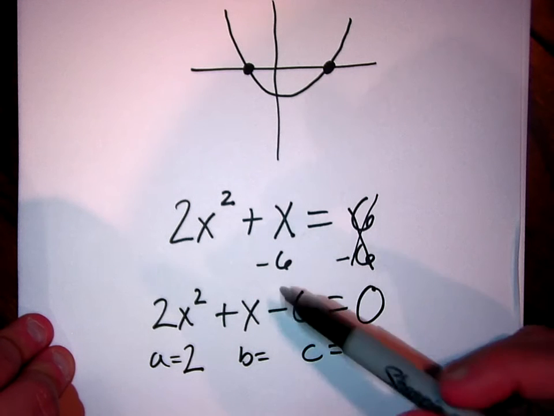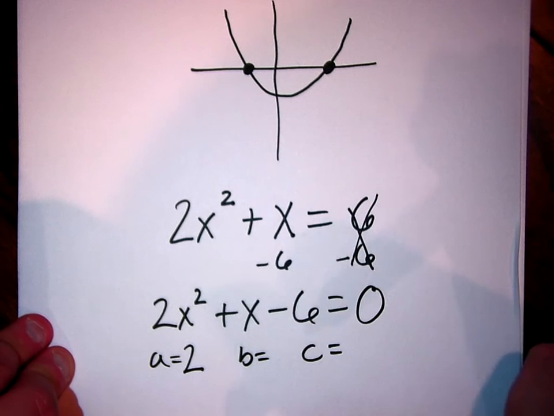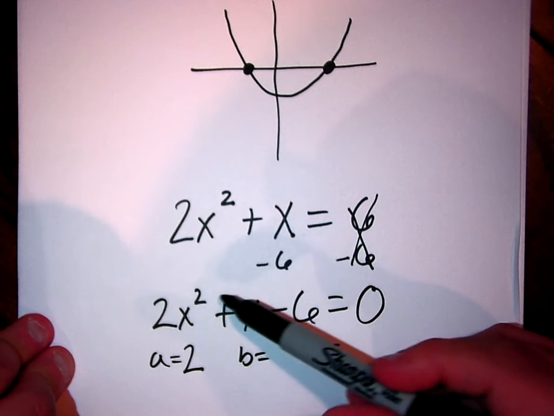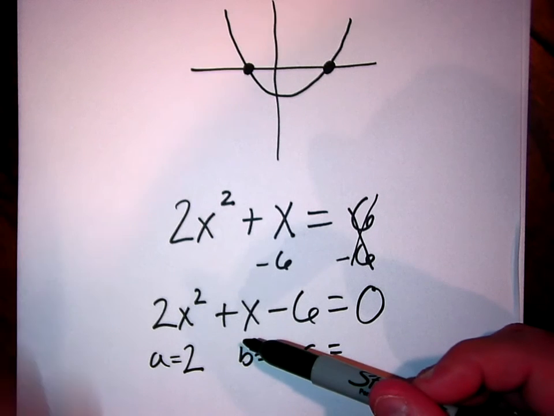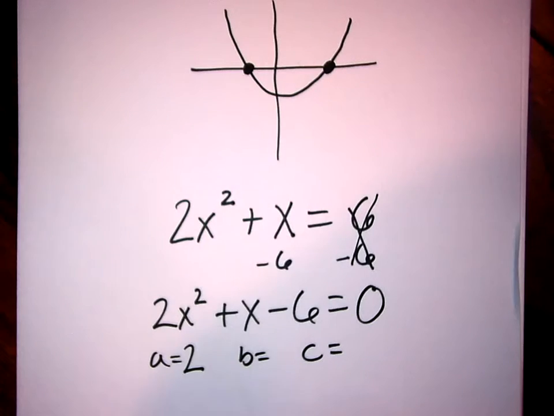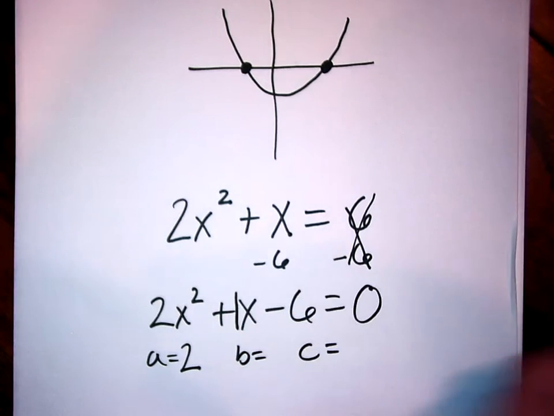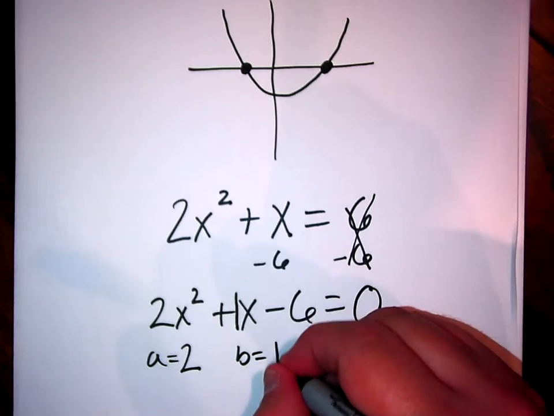And the B value is the number attached to just the x term with no exponent. And you'll notice there's no number there. I say it's the number attached, but if you put your math glasses on, you can see a number floating out here, and that's going to be a 1. So my B value is going to be 1.